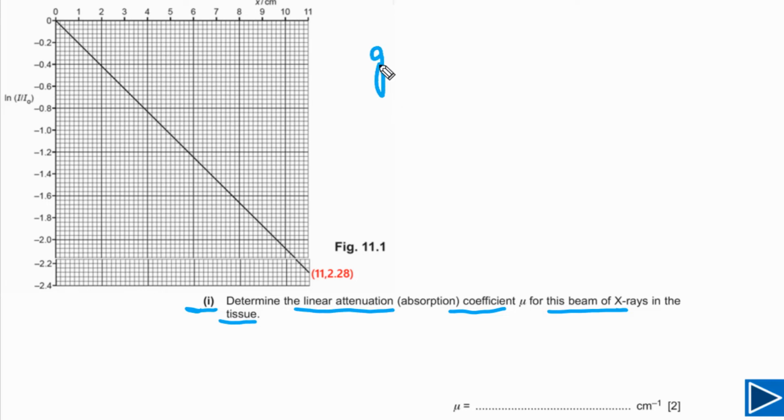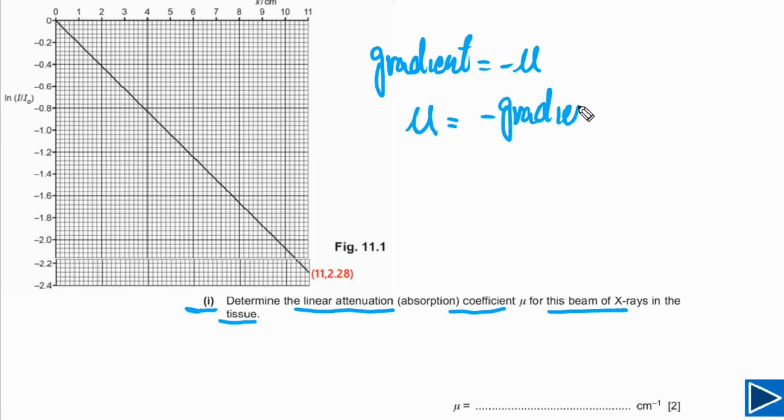But we have already discussed that the gradient of this graph is equal to negative mu. Or simply we can say mu is equal to the negative of the gradient. Now we simply need to find the gradient. If we take two points, this point and this point, we can calculate the gradient.